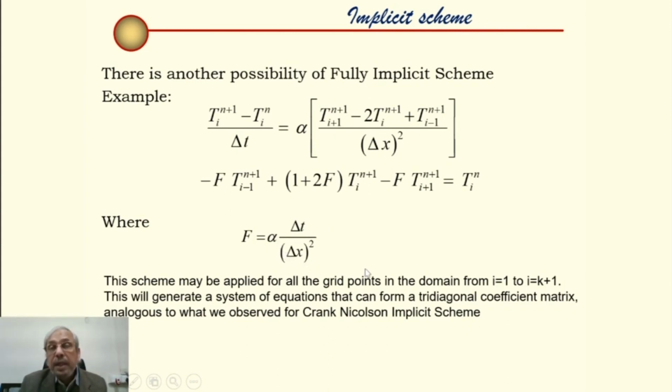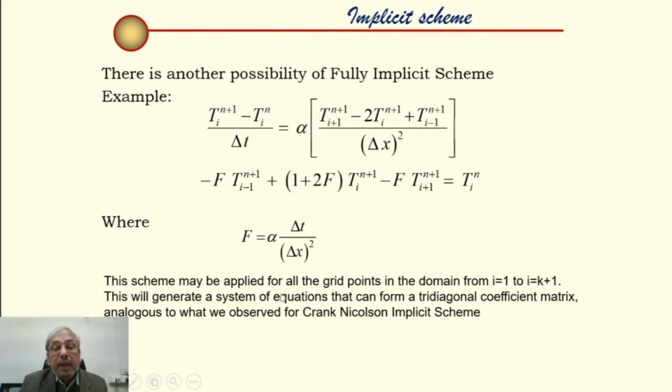We have already read in heat transfer that the Fourier number is given by alpha t by L square, where L is the length scale. So when we write alpha delta T by delta x square, we can call it the grid Fourier number. This forms the coefficient in this discretized equation.